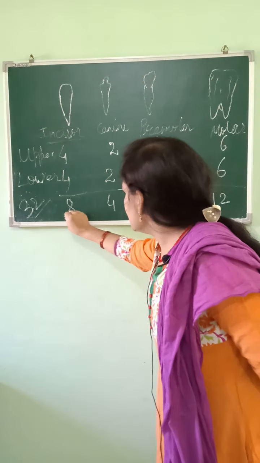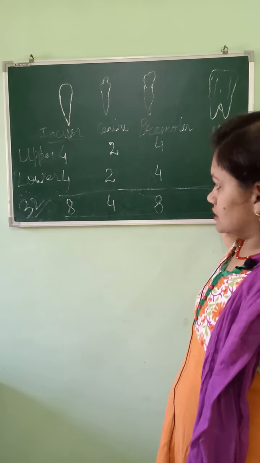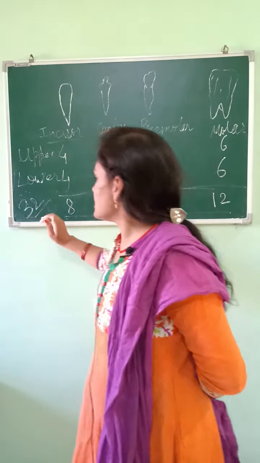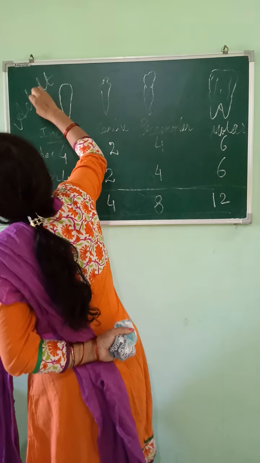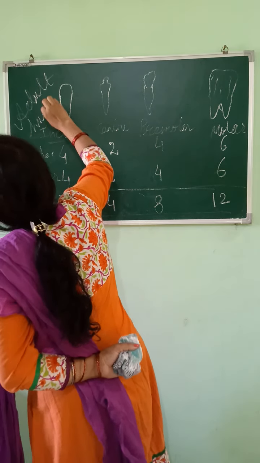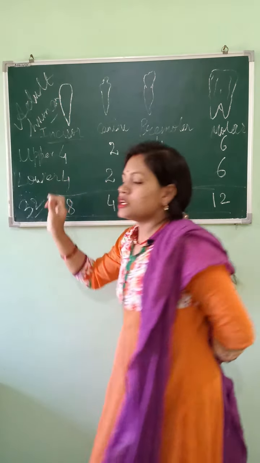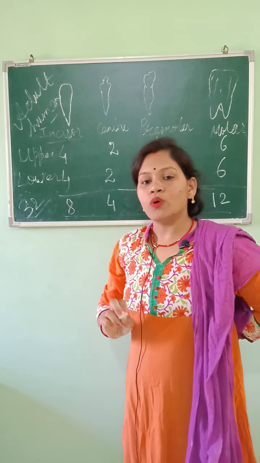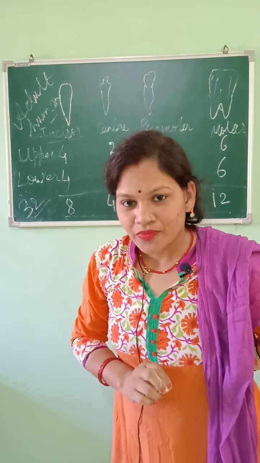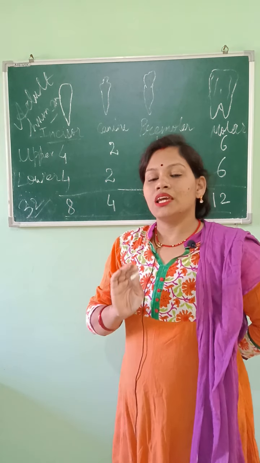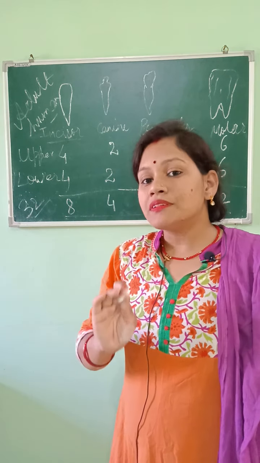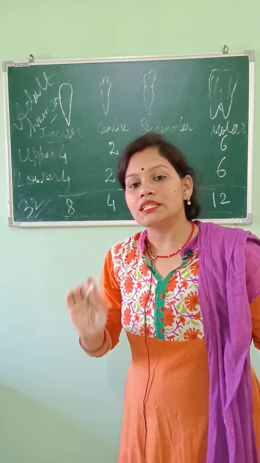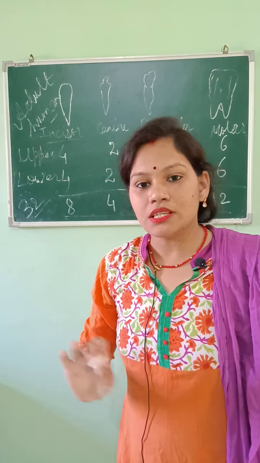Now these 32 sets of teeth, where are they found? In adult human beings there are 32 sets of teeth. Now have you all heard about the wisdom teeth? Wisdom teeth also appear after the age of 18, 19, 20, isn't it?